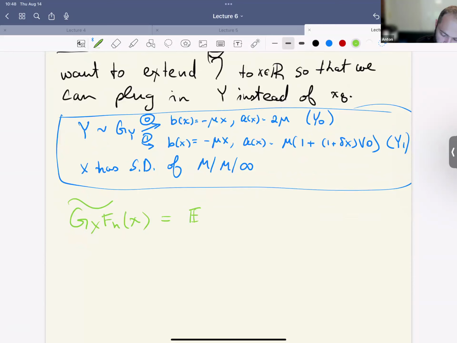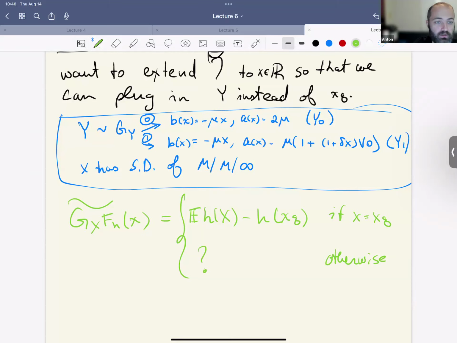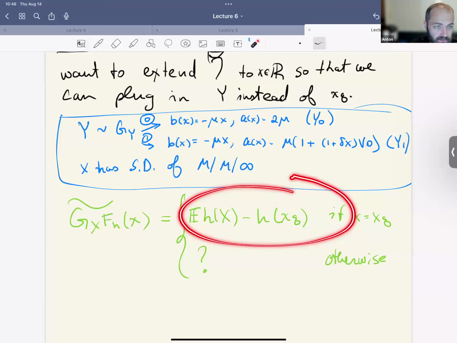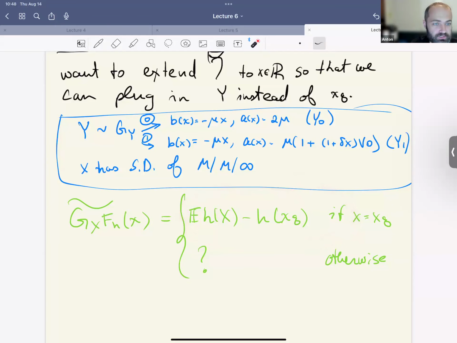Well, I know that this equals something on the grid, but what about this otherwise? That's my problem. But I can tell you it's definitely not going to be the extension of this thing, because once you fix an extension of the left-hand side, there are infinitely many ways to extend the right-hand side, and only one of them is going to be correct.